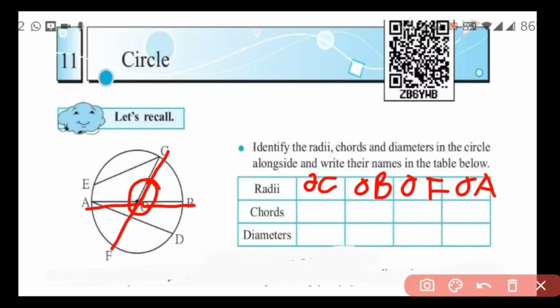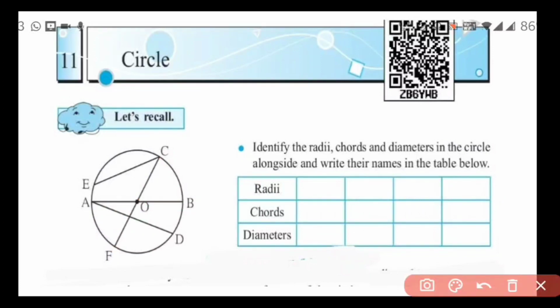Now let us see which are the chords. A chord is a segment which joins any two points on the circumference of the circle. It is not necessary that those segments should pass through the center of the circle.